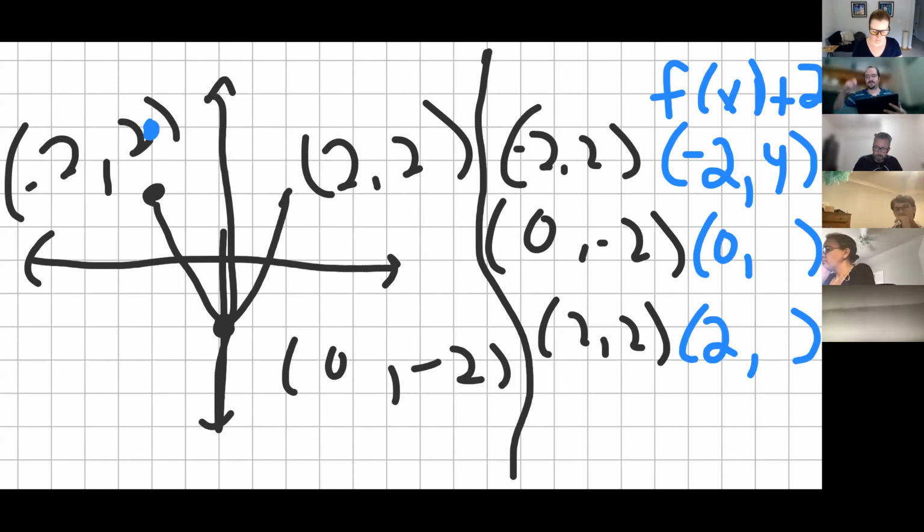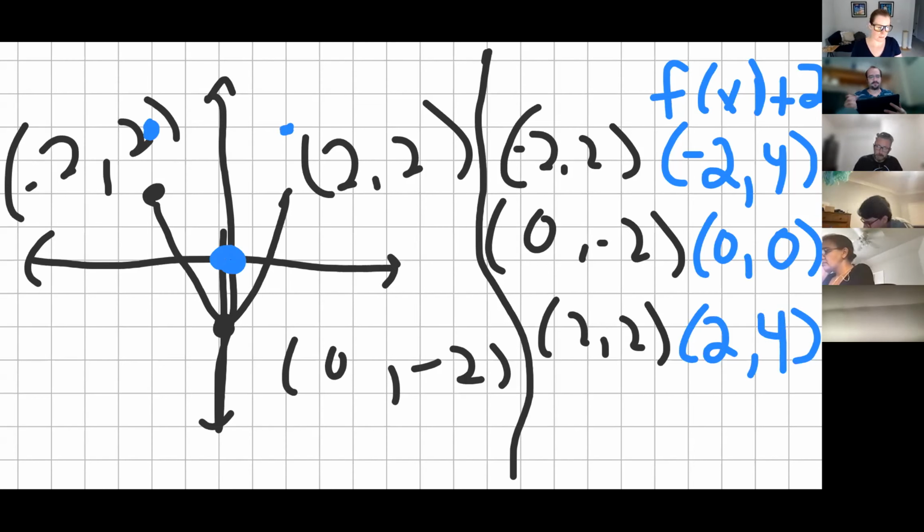We're going up 2. And so if I want that, the 0, -2 should become what point? So instead of 0, -2, we're going to move it up 2. And what point is that? 0, 0. Yeah, 0, 0. And then the last thing is this thing is what point?